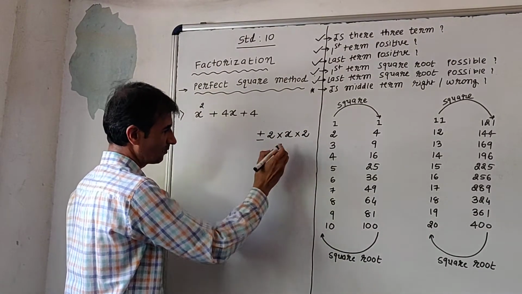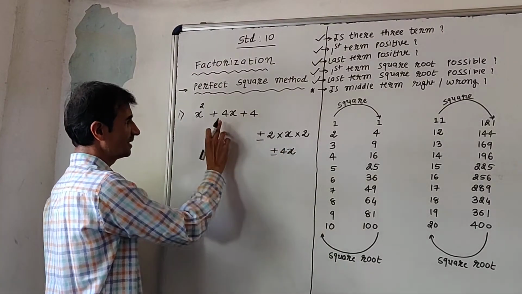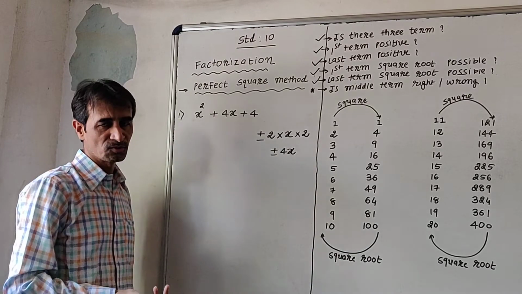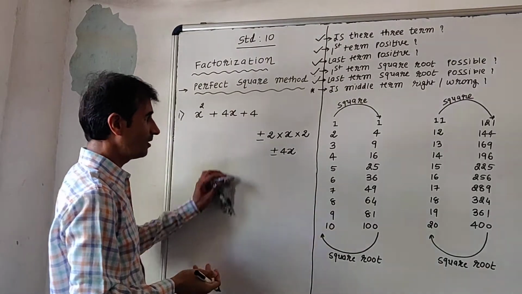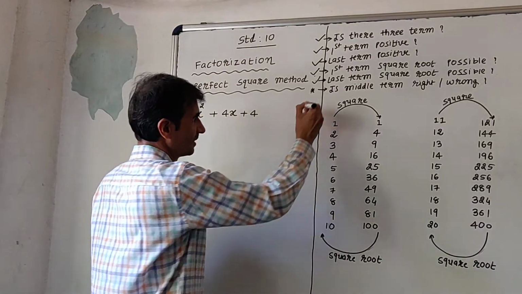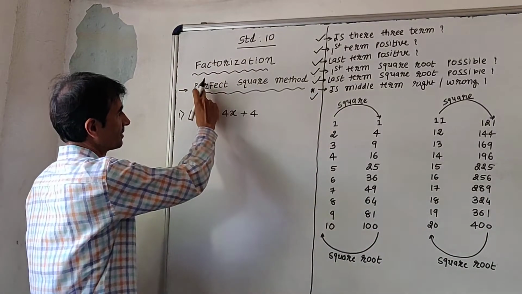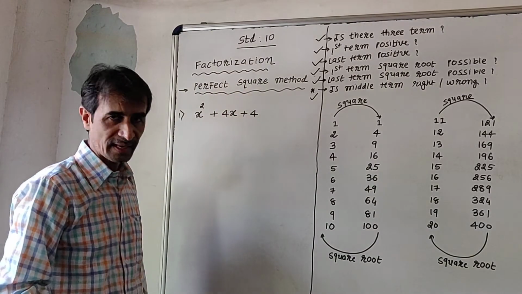Here 2 twos are 4, it may be plus or minus 4x. You can see here this is my plus 4x, so it is right. So in all the questions the sum gives me the positive answer. That means with the help of this I can say that here the perfect square method will be applicable.